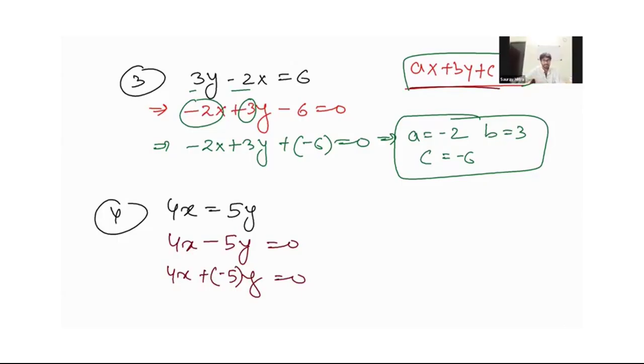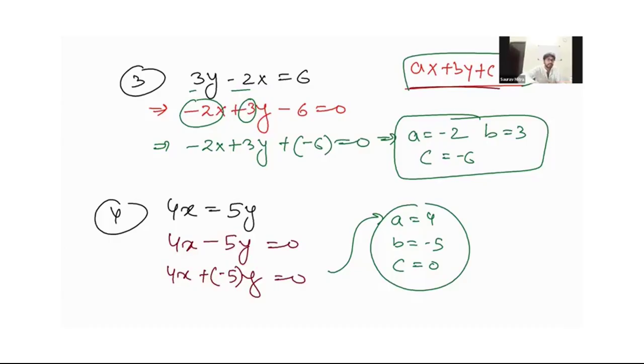So a is 4, b is minus 5, and the constant term c is 0. This is your a, b and c, after comparison with the main linear equation.